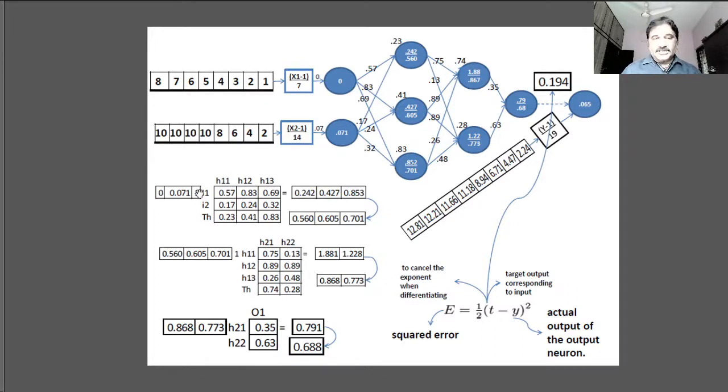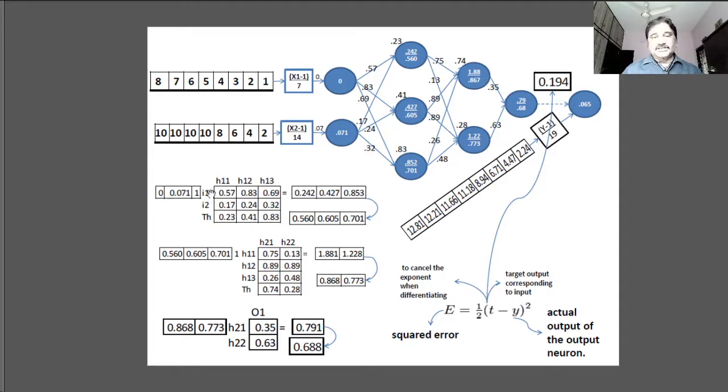Likewise, this is multiplied by H12. All the weights coming to H12 plus the threshold will be giving you the value at this neuron, that is 0.427.